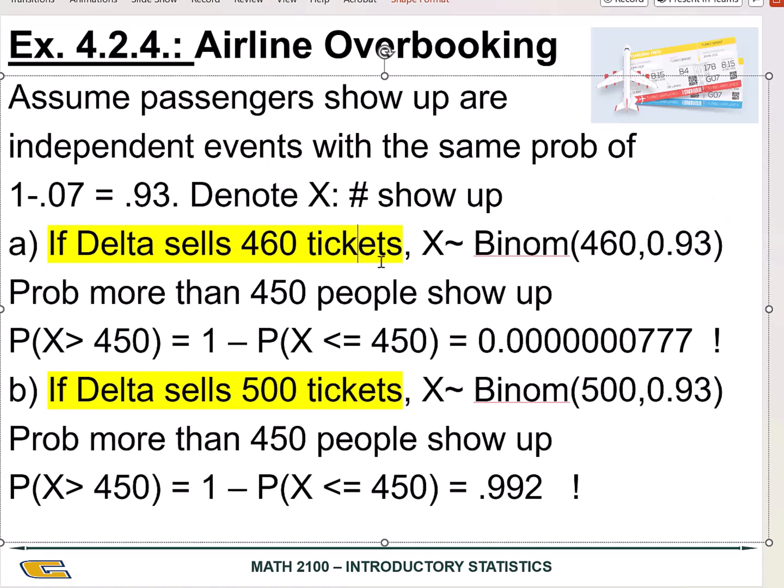So for airline tickets, why do we care when we do that? Because we only have 456 seats, right? So we do care about the event, probability X greater than 450, right? We want to know, is it a big number or a small number? If it's a big number, we don't want to mess with that case, right?